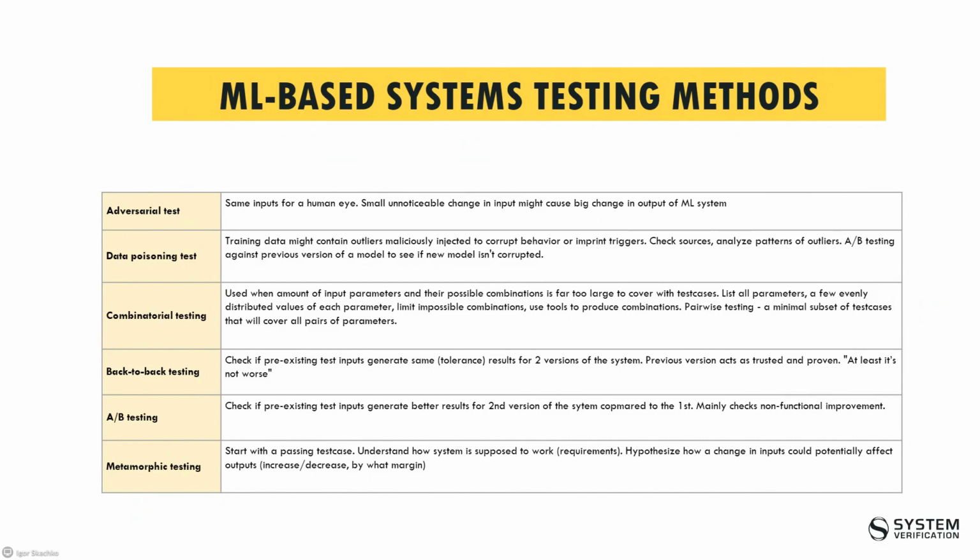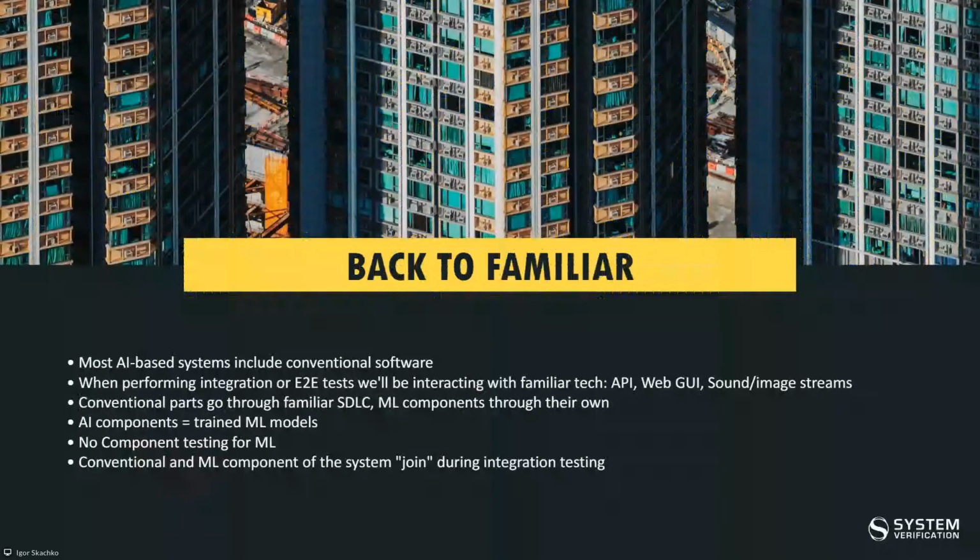And again, we can uncover some bugs just by seeing that the output increases instead of decreasing. So those are the most practical ways of actually interacting with QA in the machine learning area.